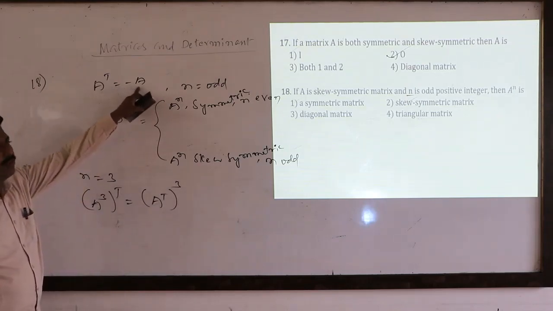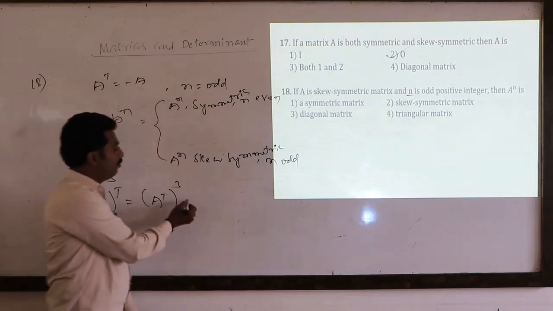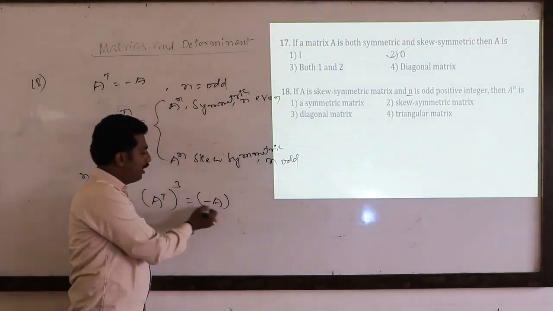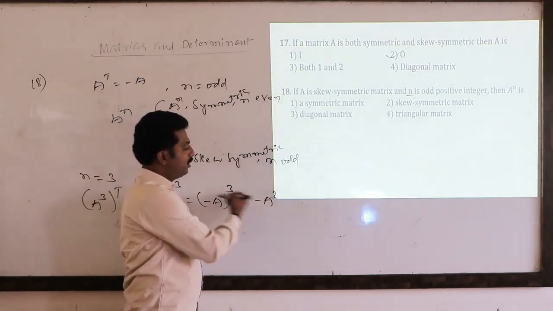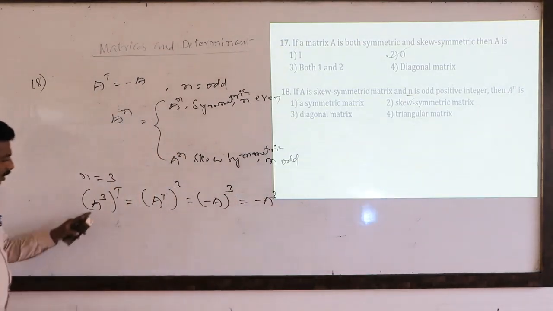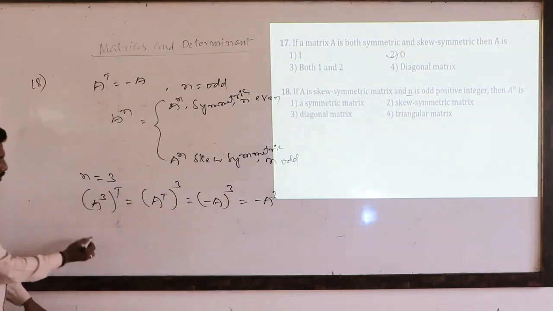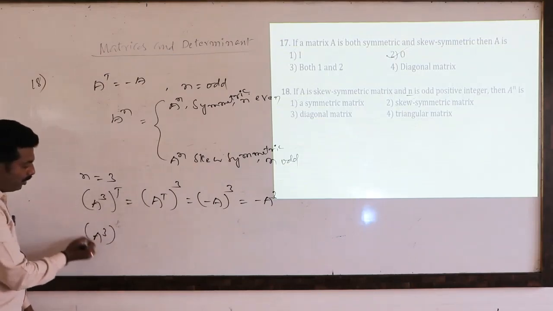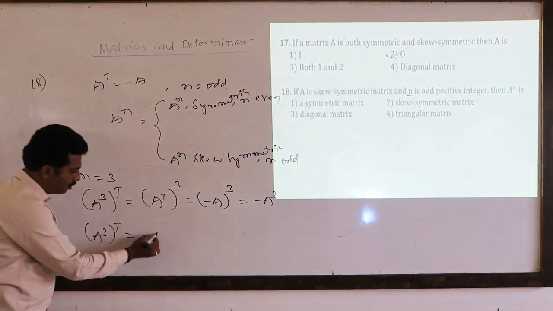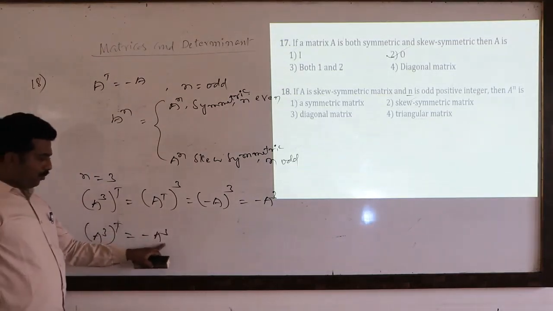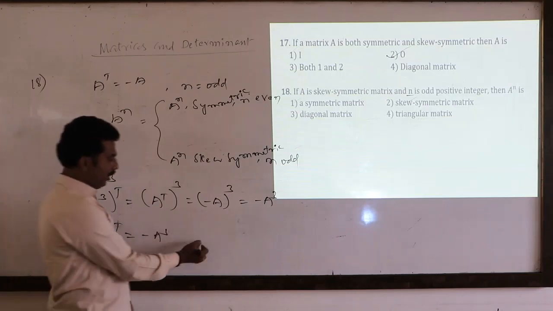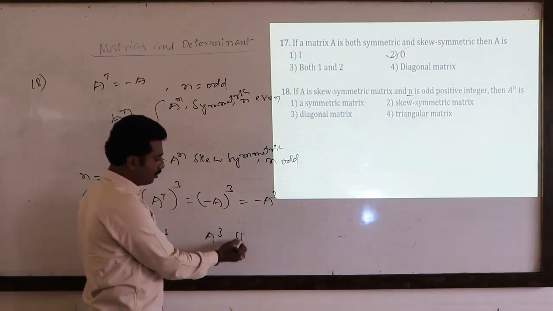Because A is skew symmetric, A transpose value is minus A. So minus A whole cube is nothing but minus A cube. See what we got: A cube whole transpose equals minus A cube. So A cube is a skew symmetric matrix.